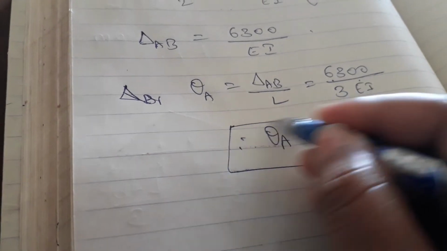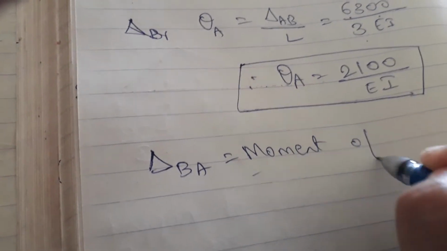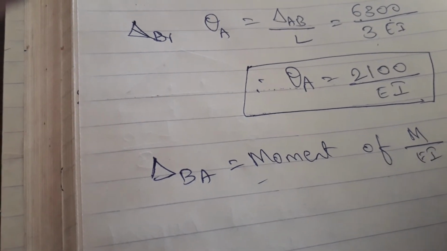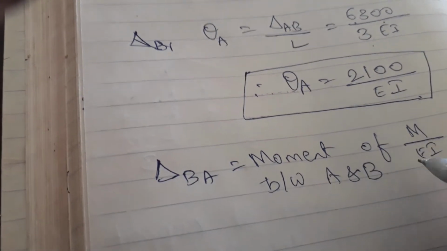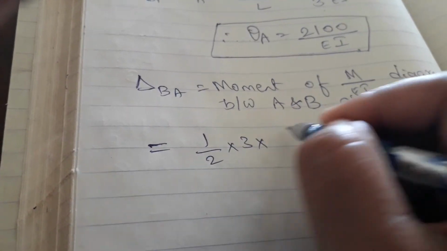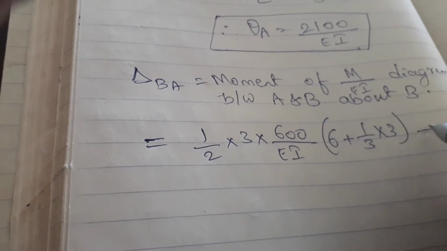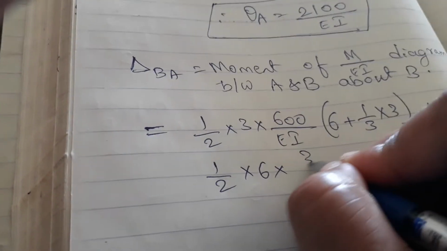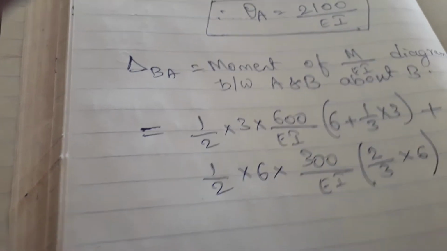So this is how you get theta A. And if I take delta BA, that is the moment of the M by EI diagram between A and B about B, so this we will be considering from B. That is equal to half into base into height into 6 plus 1/3 of 3, plus half into base into height into 2/3 of 6.